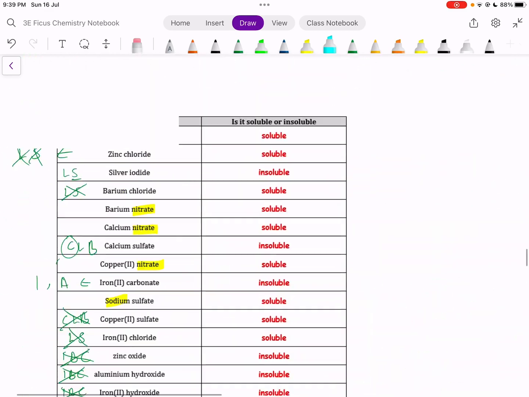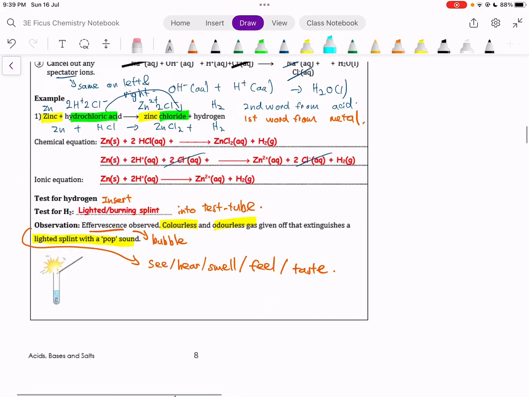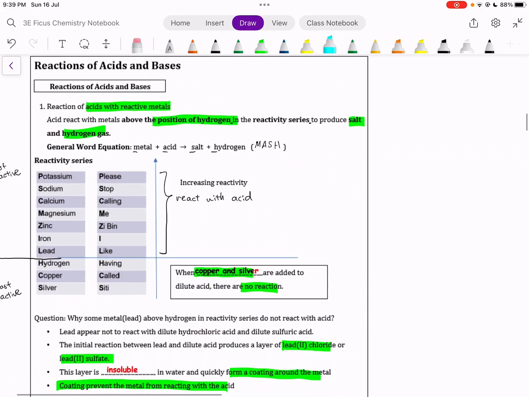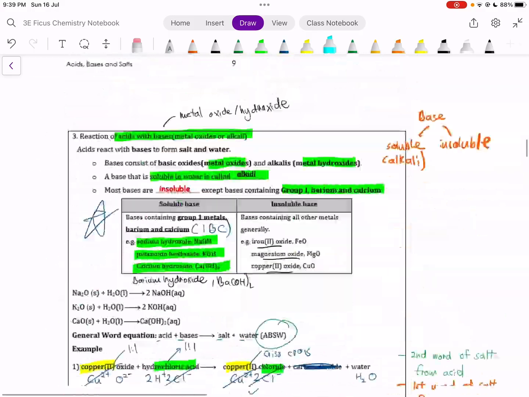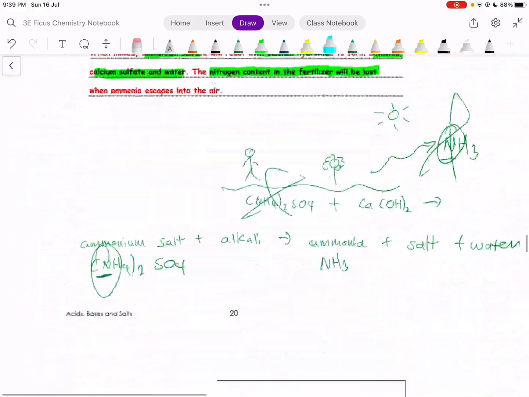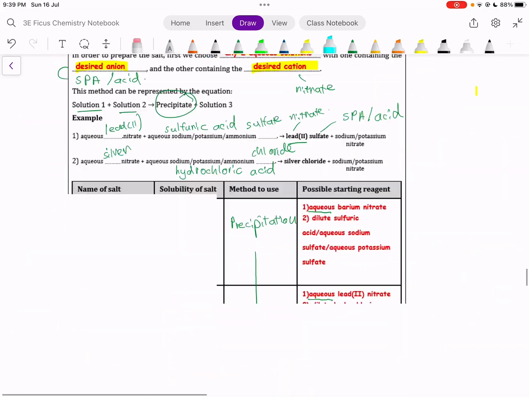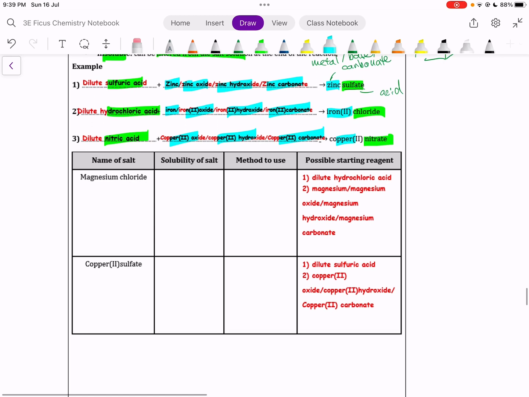This is because copper is an unreactive metal. If you look back, copper doesn't react with acid, right? So for all these, they are soluble salts.